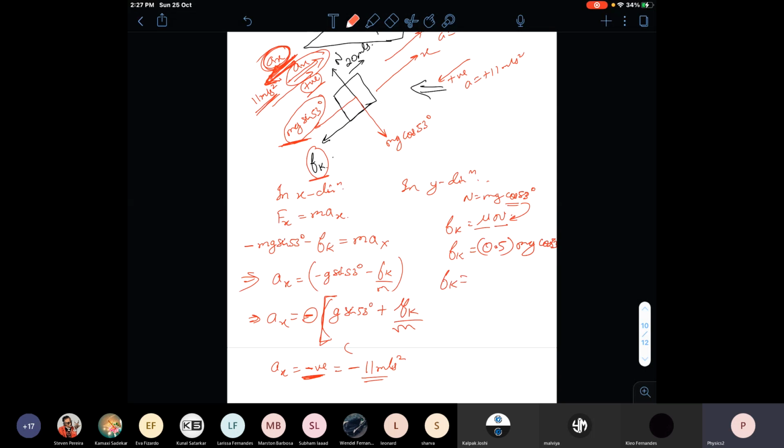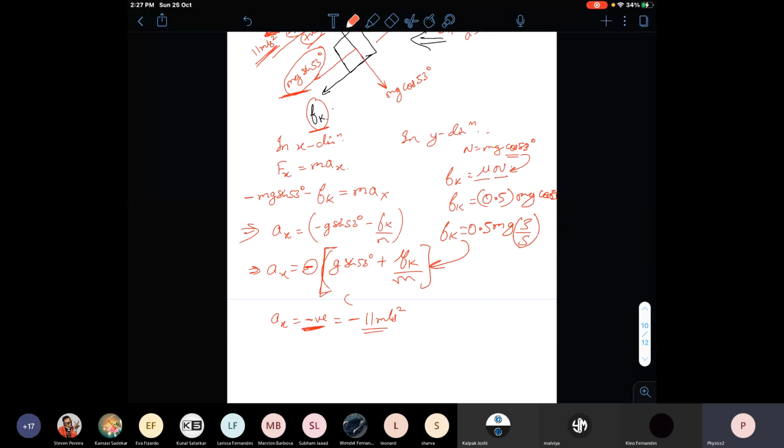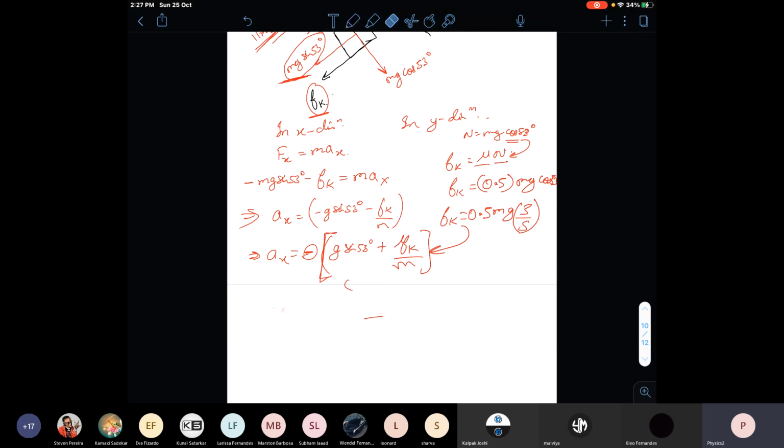So fk comes out to be 0.5 mg cos 53, and cos 53 is 3 by 5. So this is the value of fk. You can replace fk over here. If you replace fk, you will have minus of g sine 53.